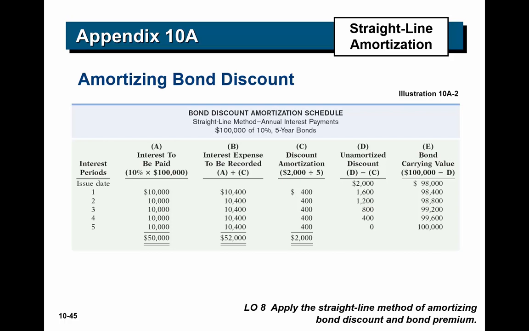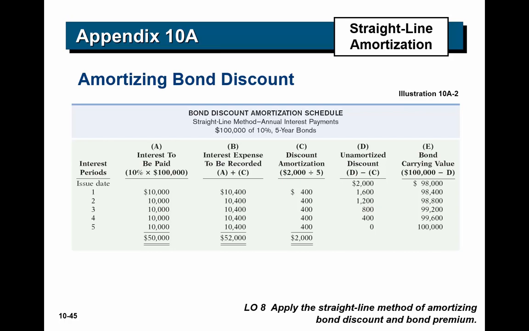Here's a bond amortization schedule using straight line amortization. You'll see that they took the total amortization of $2,000 of discount, divided that by 5 years to get $400 per year, and in column C that's recognized as the amount of discount. The interest expense is the interest to be paid plus any discount amortized.